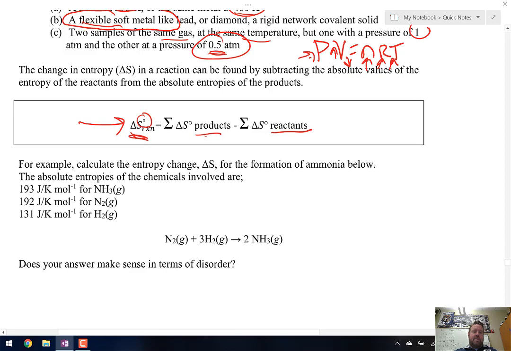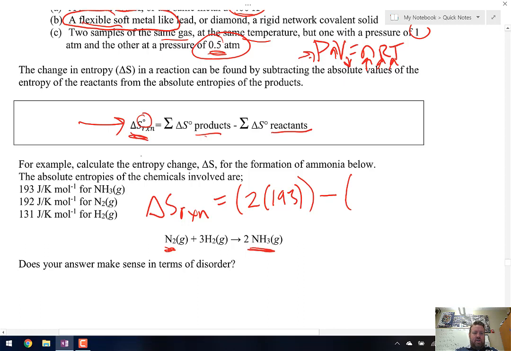Okay, so for example, calculate the entropy change delta S for the formation of ammonia below, and then they give us the entropies. So we know that the entropy change for the reaction is going to be the entropy of the products. So NH3 is 193, and there's 2 of them. So 2 times 193, and that's all of our products, minus the reactants.